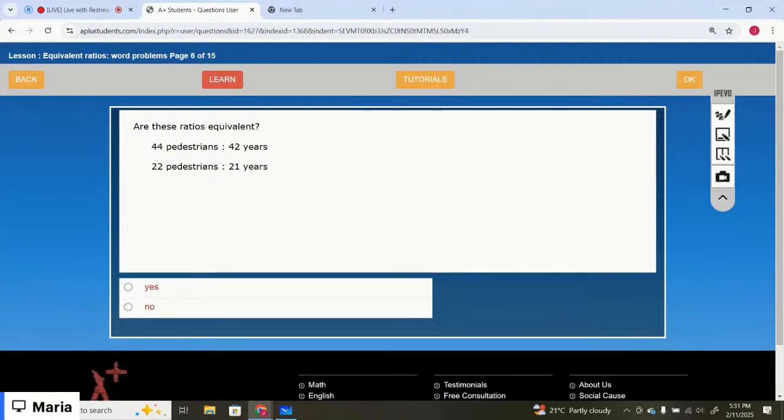Are these ratios equivalent? 44 to 42 and 22 to 21? Yes, they are equivalent.